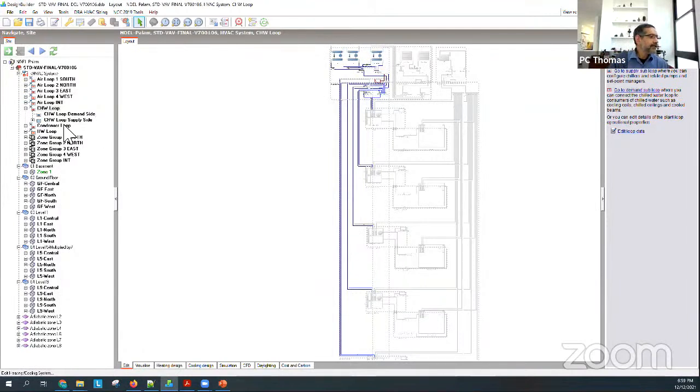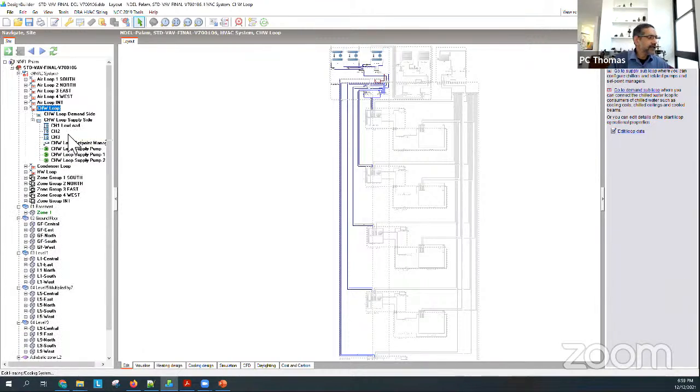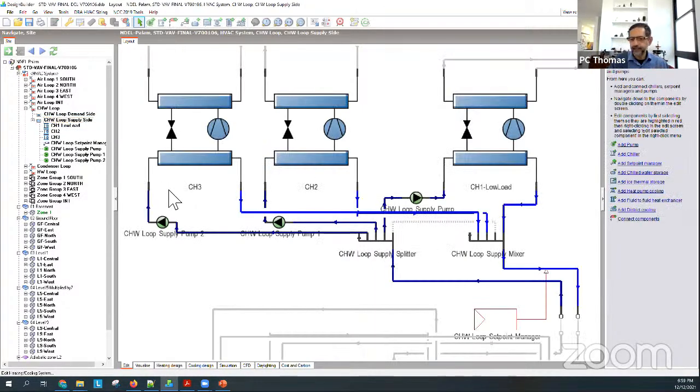The supply side, you can see there's a cross next to it. The supply side has got 3 chillers, 1 controller, and 3 pumps. If I click on the supply side, then it enlarges only that part. You can see here I've got 1 low load chiller and 2 larger chillers. And each chiller has got its own pump.